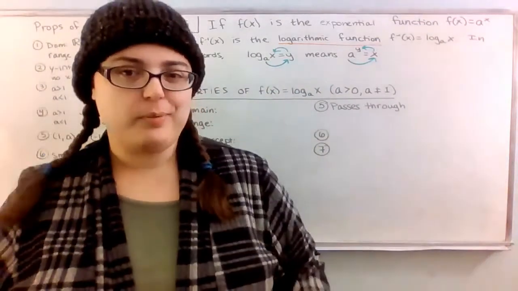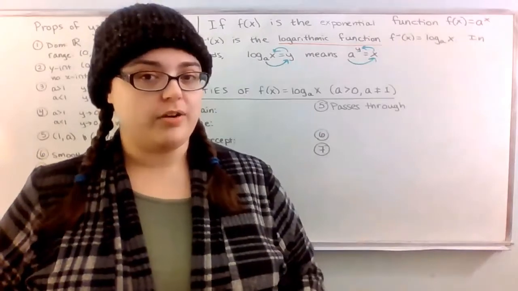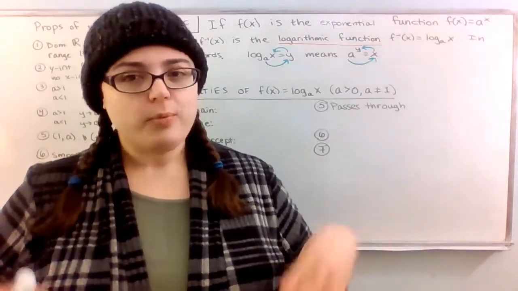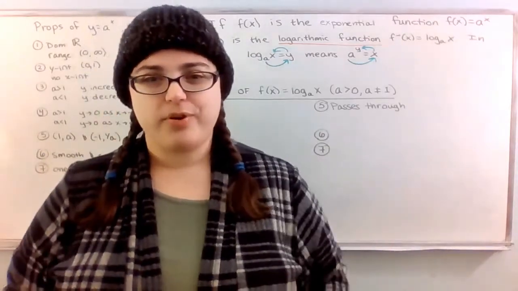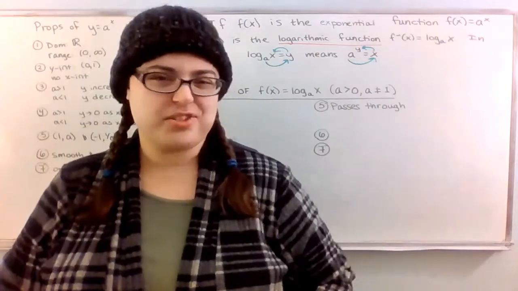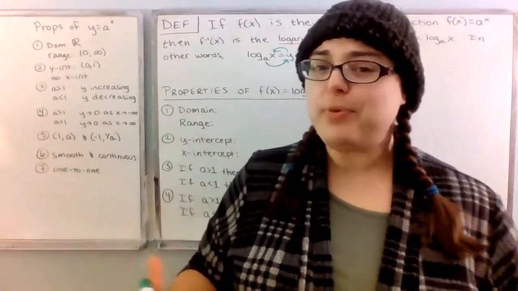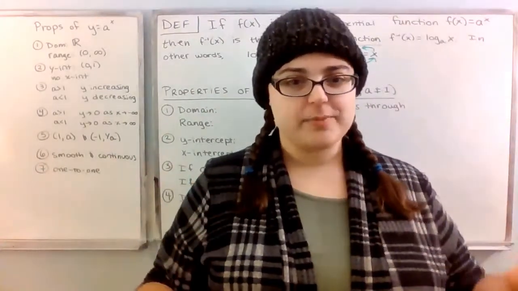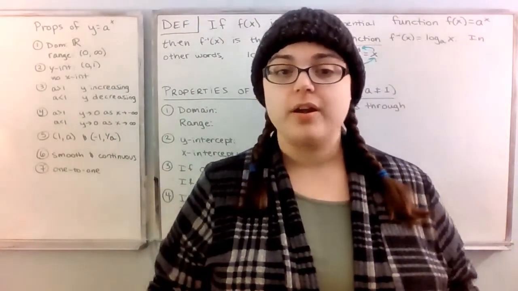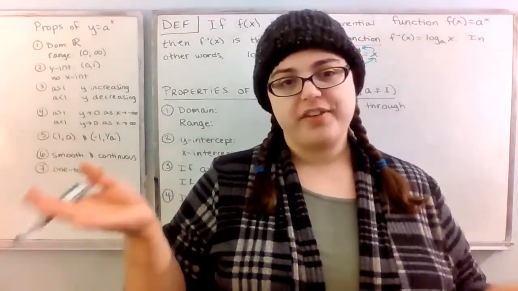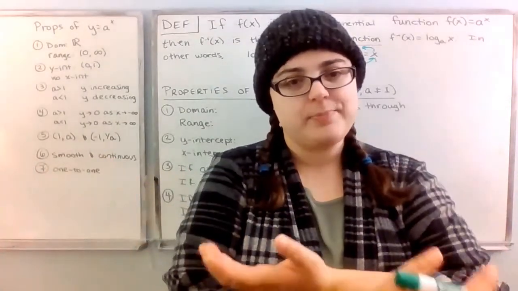We'll be spending a little bit more time on evaluating logarithmic expressions in the future, but right now, because I had these properties on the board already, I figured why not just go through the properties first. So remember that a logarithmic and an exponential function are inverses of each other, which means the roles of x and y swap places.